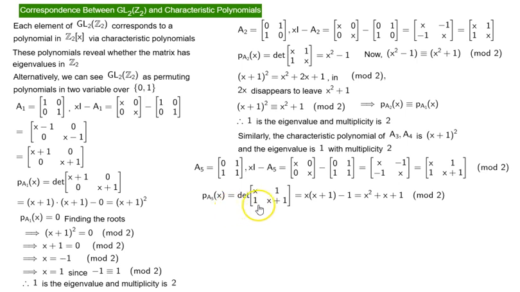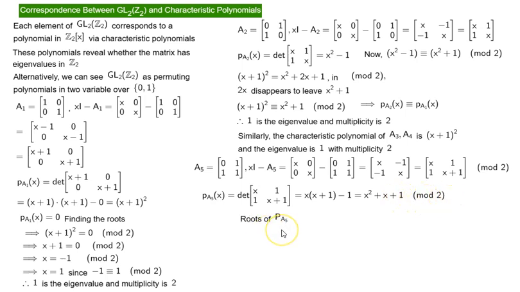So the characteristic polynomial would be the determinant of this characteristic matrix. And the determinant will be x times x plus 1 minus 1 times 1. That is x times x plus 1 minus 1, which is equal to x squared plus x minus 1, but minus 1 is equivalent to 1, so we write it as plus 1 mod 2.